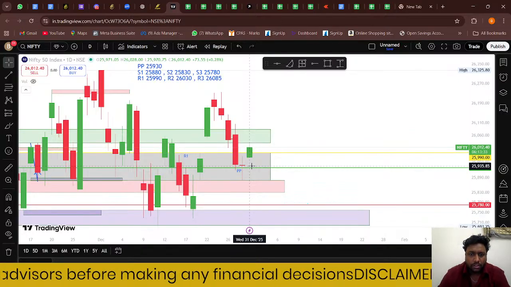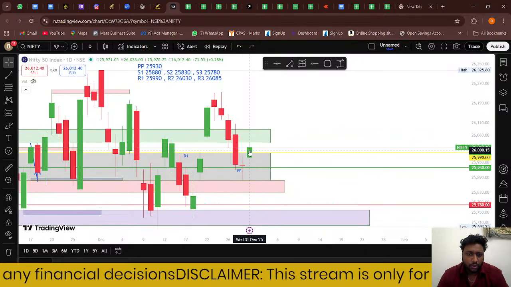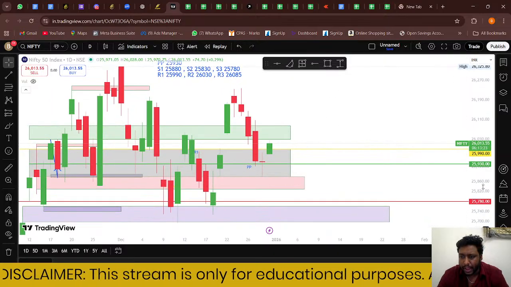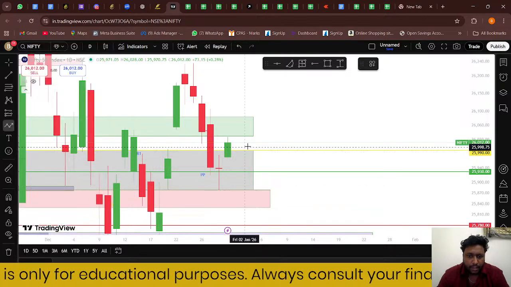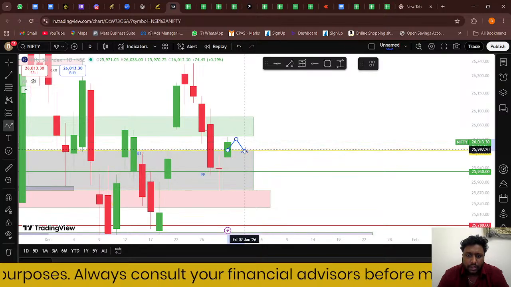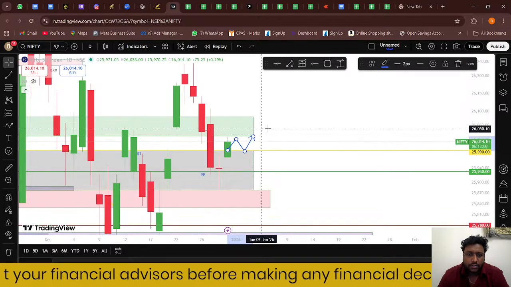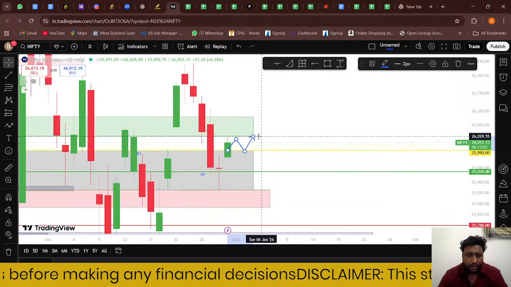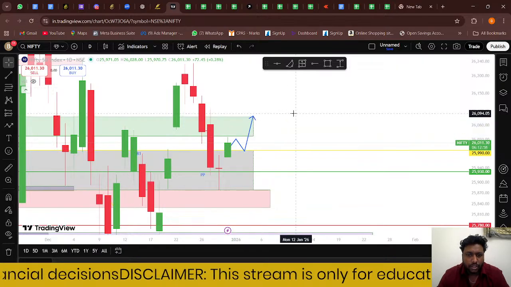It opened near our resistance 1 and is crossing above it, so a slight fallback can be taken as an entry. When the market goes up and these slight fallbacks come, you can plan an opportunity toward resistance 2. Resistance 2 can be a reversal point, but if it breaks above that, you can plan your trade to resistance 2 as well.